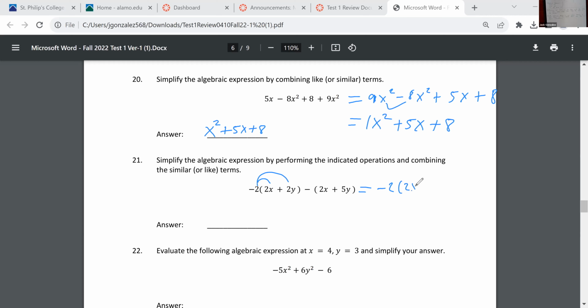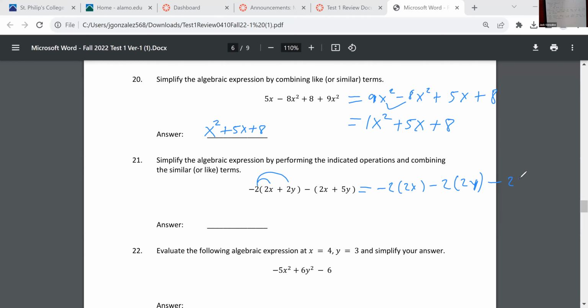You could skip this piece if you want. What does the minus sign do? Yeah, it makes everything inside negative, right?